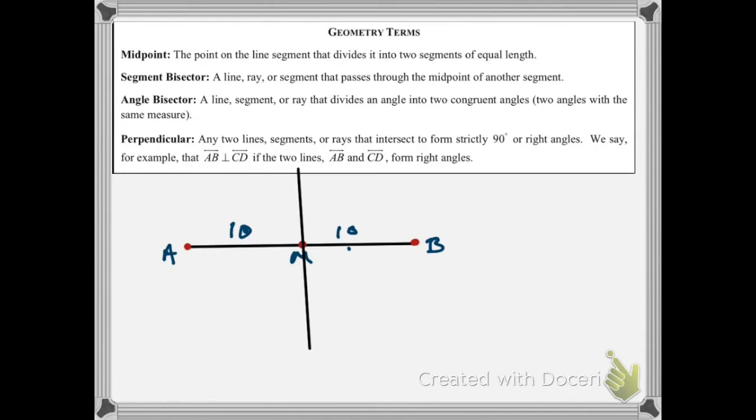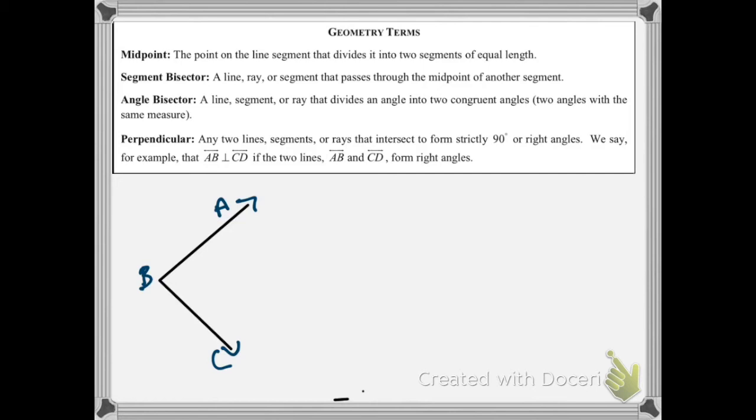Now I could make this a ray or a segment or a line. So here the example is a line. A line goes on forever in two directions, right? That line is called the segment bisector because it splits AB in two. Very simple.